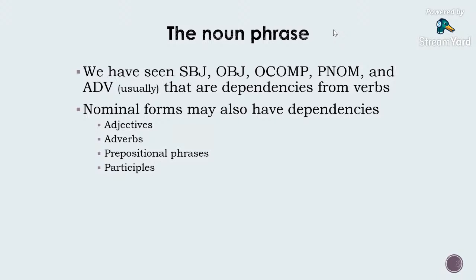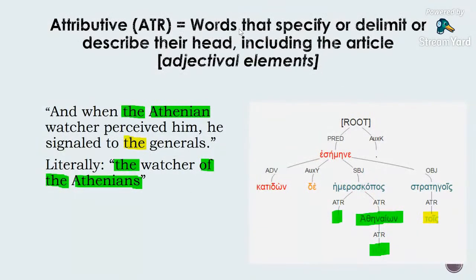Adverbs can actually modify nouns. So we see this in Greek in phrases like men now as opposed to men then. So we'll get adverbs hanging on nouns or articles. And this happens not uncommonly in Greek. These are all labeled as ATR, so attributive. I tell my students, just think of that as adjectival, is essentially what it means, right? Attributive, it's labeling a noun. So words that specify or delimit or describe their head, including the article.